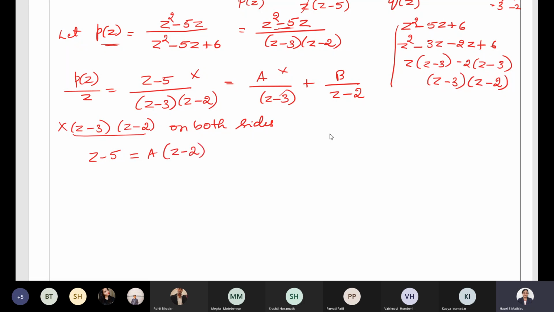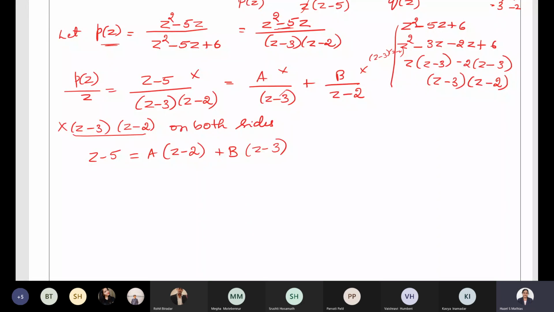A into z minus 2 plus b into, if you multiply z minus 3 into z minus 2, z minus 2 gets cancelled, b into z minus 3 remains. Is it okay? Yes, ma'am.